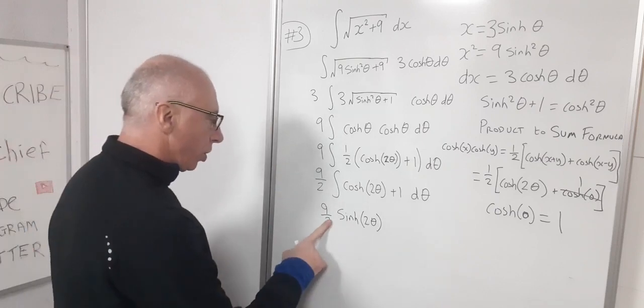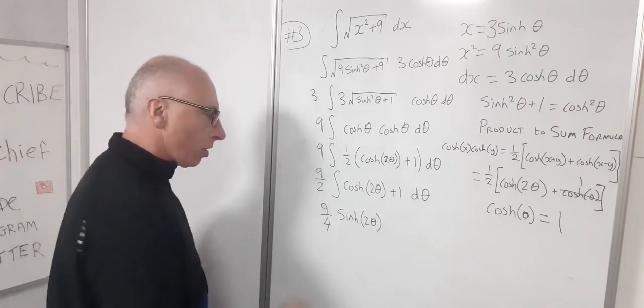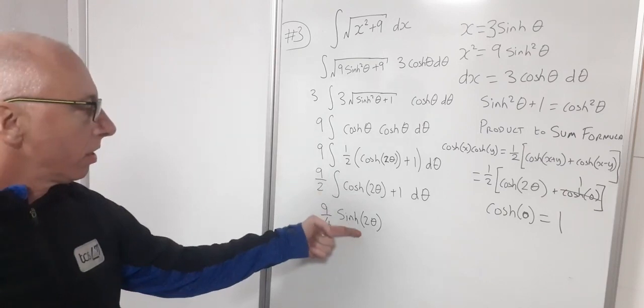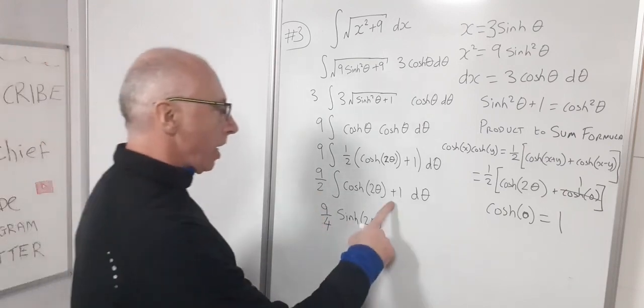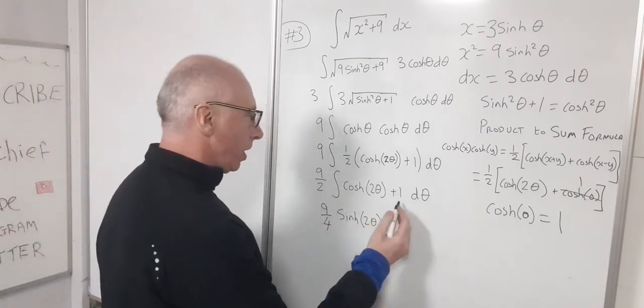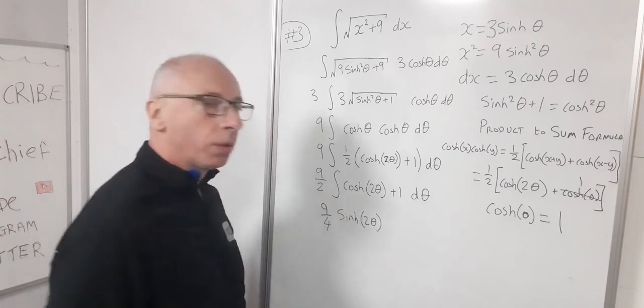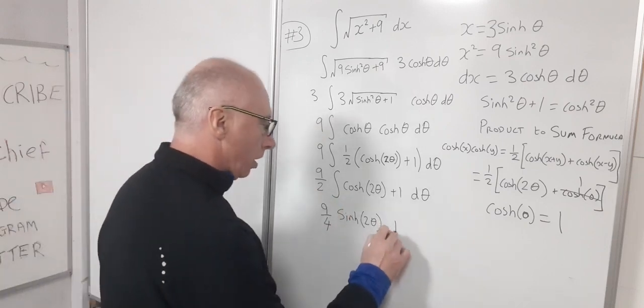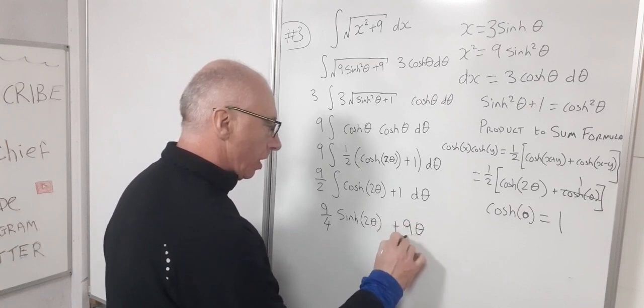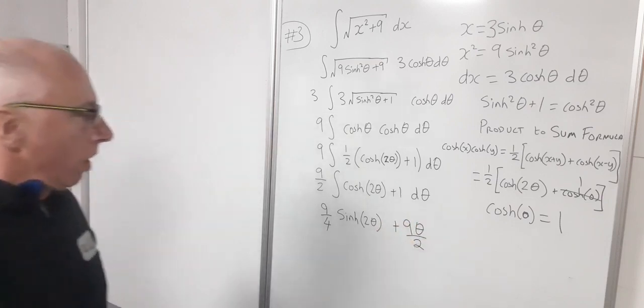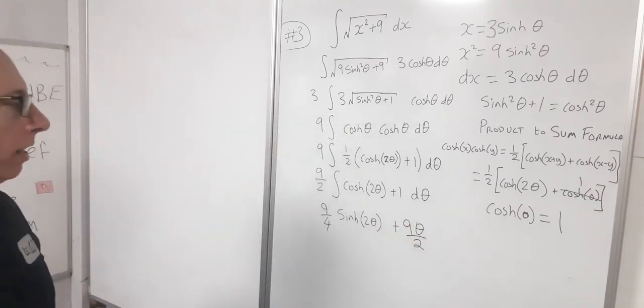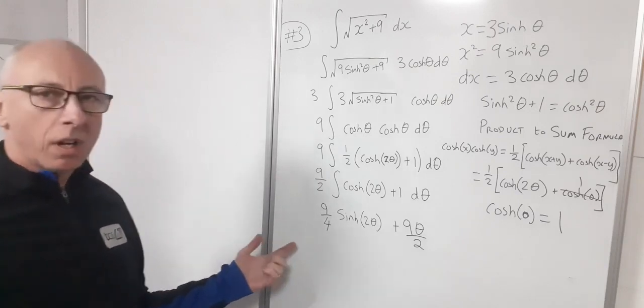If I do that, I can just change this to a 4. So that takes care of this integral here. And then the integral of 1 with regards to theta multiplied by 9 over 2 is just 9 theta over 2. Okay, right. So that's where we are so far, which is looking good.